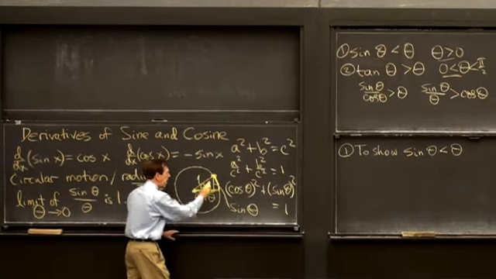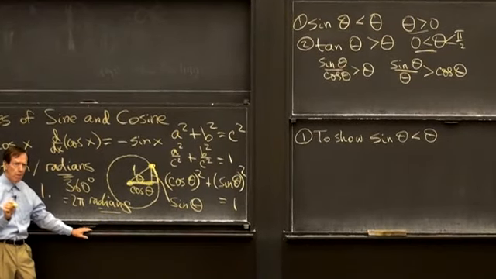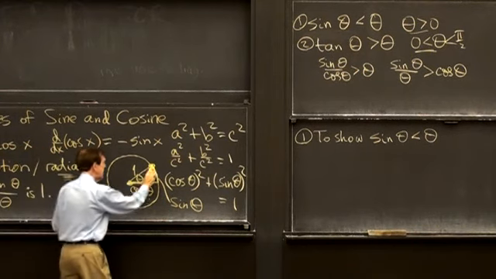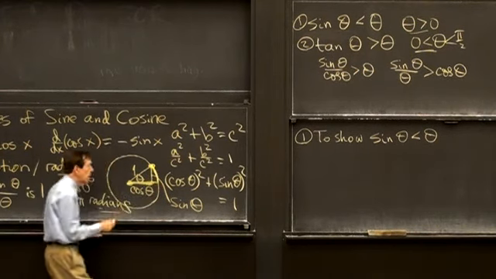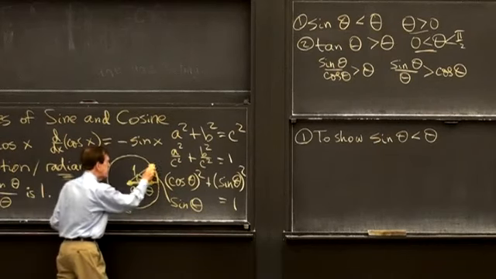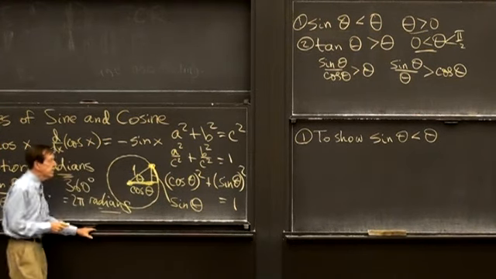You can see it here. That was sine theta, right? And where was theta? Well, because we measured theta in radians, theta is this curvy distance that's clearly longer. The shortest way from this to the axis there is straight down, and that's sine theta.